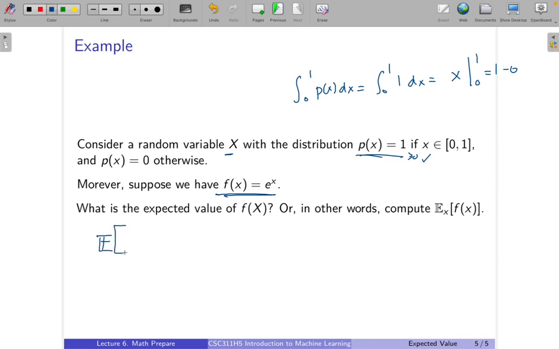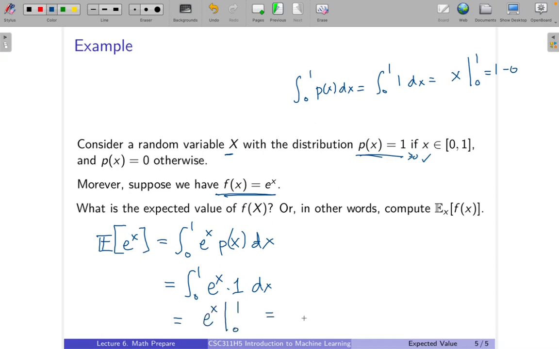we want to compute the expected value of f of x, or e to the x. Well, that's just going to be, as we saw in the previous slide, the integral from 0 to 1 of e to the x times the probability that x takes on this value, dx, and this is going to just be e to the x times 1 dx, which we know is just e to the x evaluated at my two endpoints.